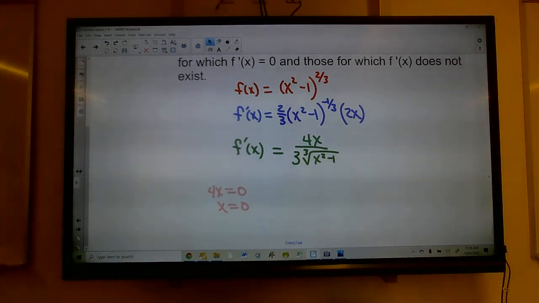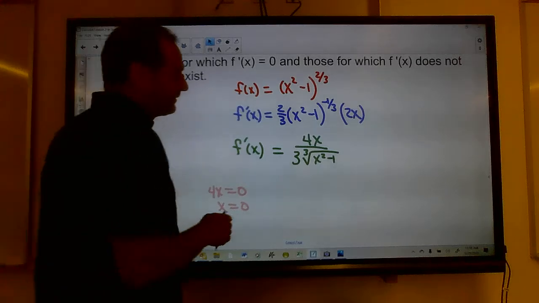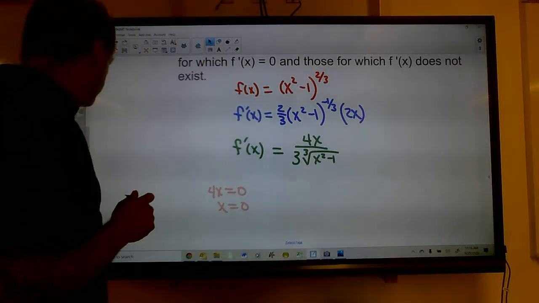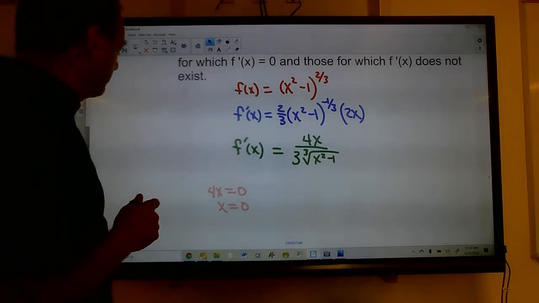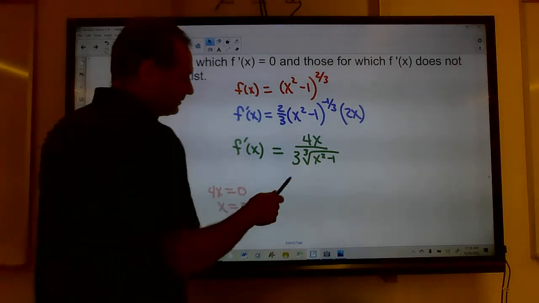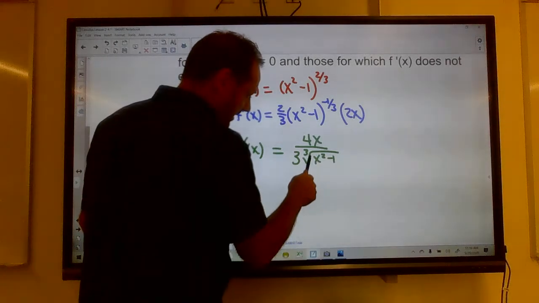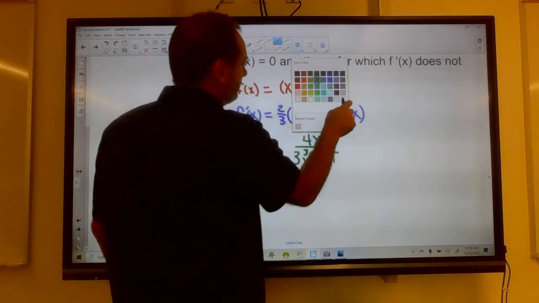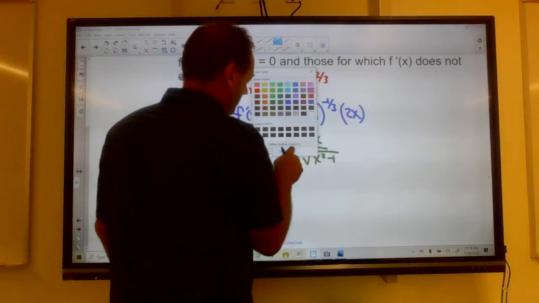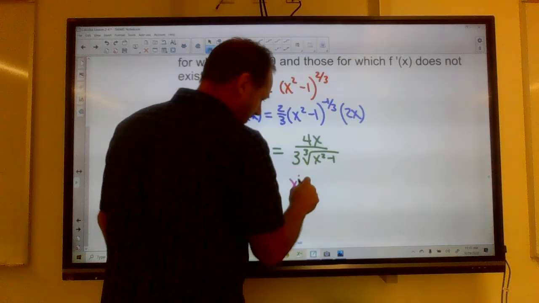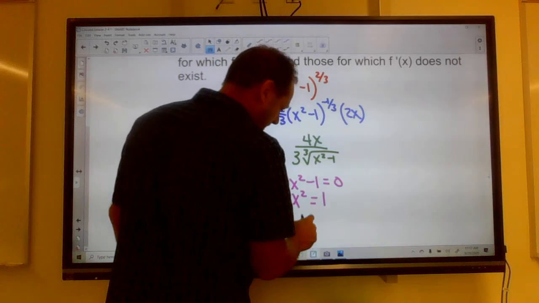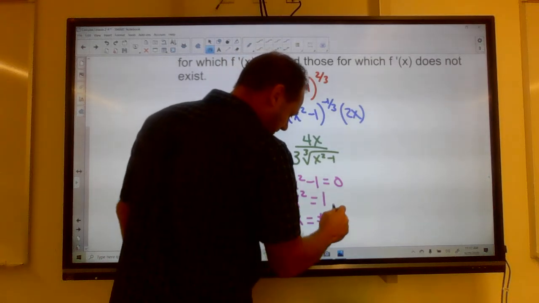Now, when does it not exist? Well, it doesn't exist when the denominator is equal to 0. So when is the denominator equal to 0? Whenever this part right here is equal to 0. So I could take x squared minus 1, set that equal to 0, x squared equals 1, and x equals plus or minus 1.